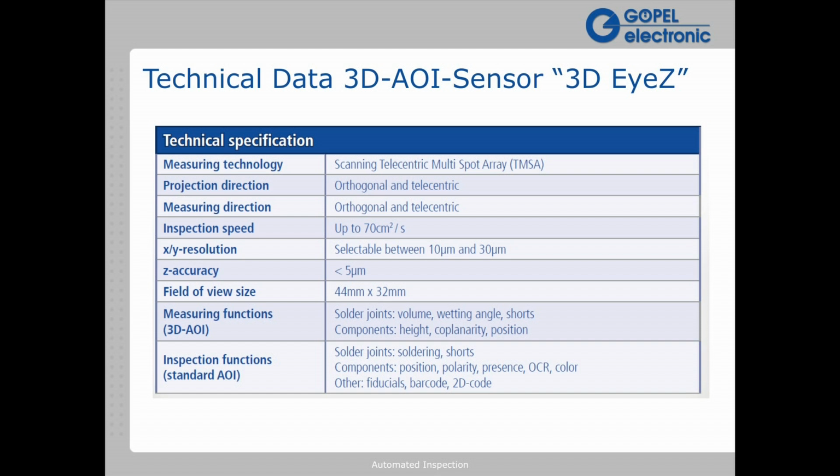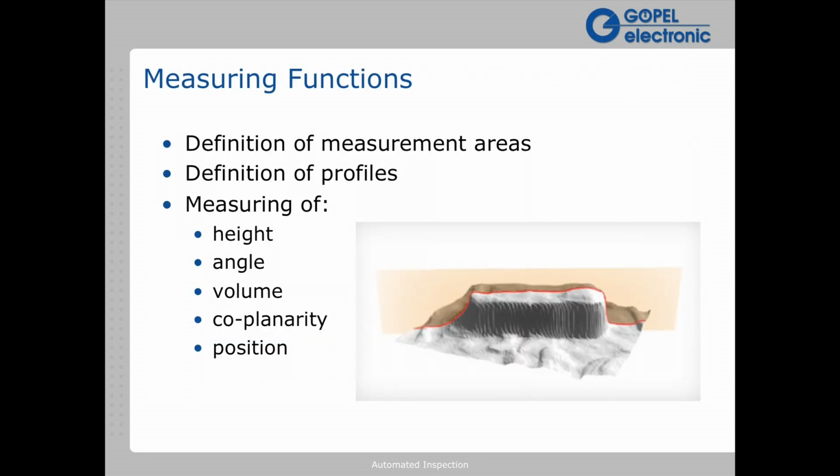So as you can see, when you bring the 3D and standard AOI capabilities together, you end up with a very rounded overall capability. Some of the measuring functions include definition of measurement areas, definition of the profiles to be measured, and of course the measurement of height, angle, volume, coplanarity, as well as position, as I mentioned earlier.